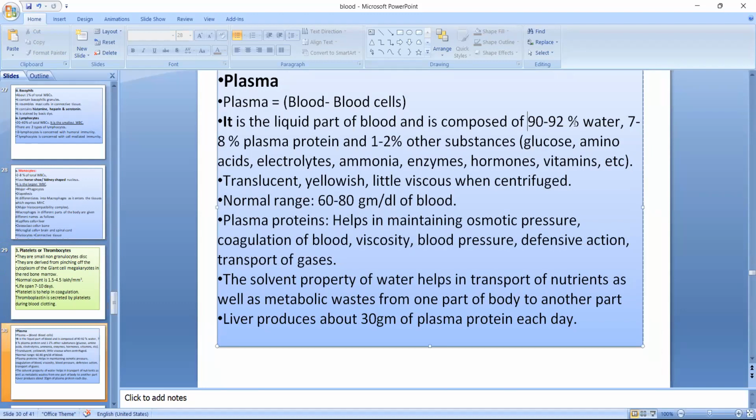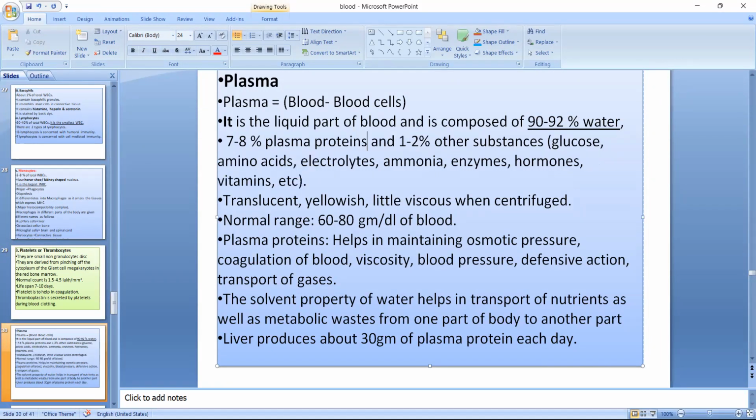It is composed of 90 to 92% water, 7 to 9 or 8% plasma proteins, different kinds of plasma proteins are present, and 1 to 2% other substances like glucose, amino acids, electrolytes, ammonia, carbon dioxide, vitamins, all are present.